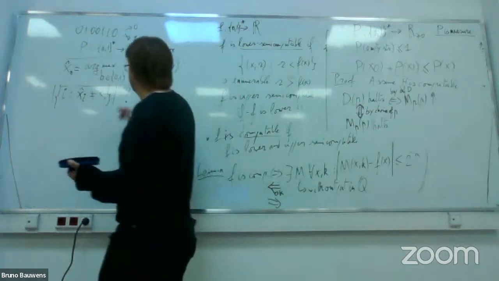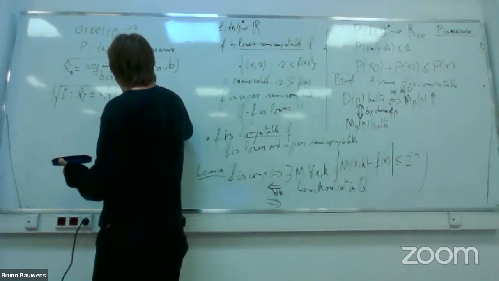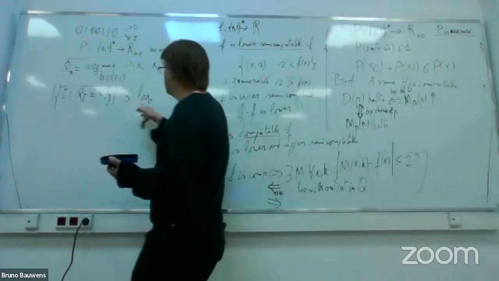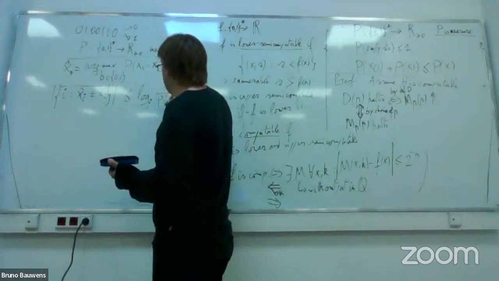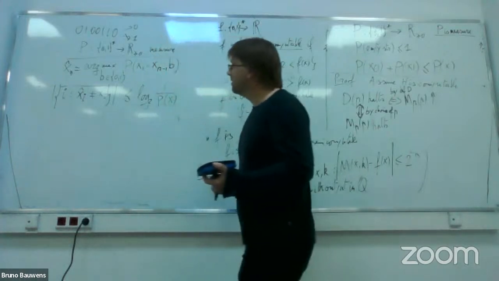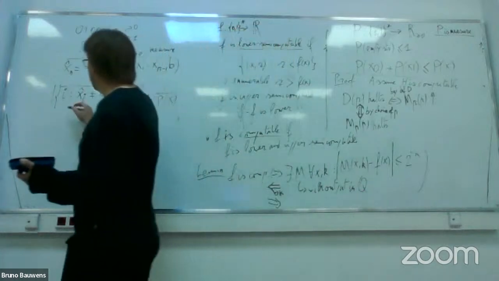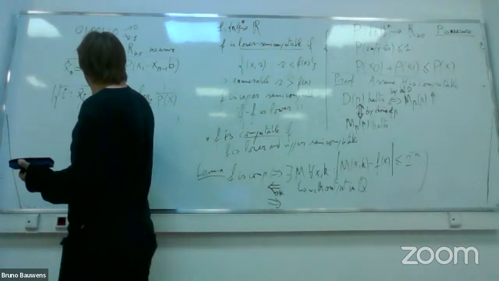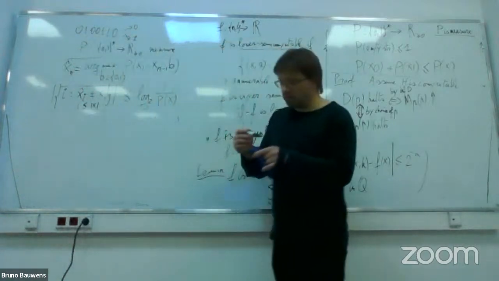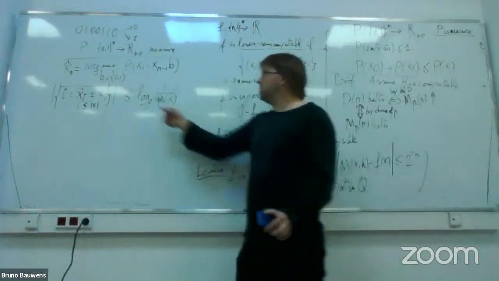And I claim that this is smaller than the binary logarithm of 1 over P(x), where i is at most the length of x. So can you see why this is true?